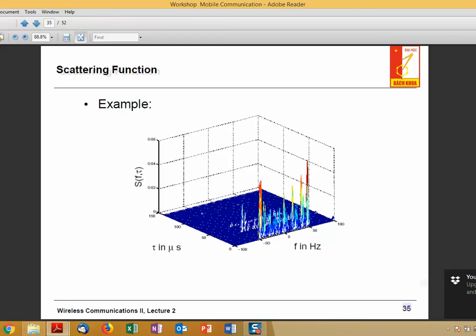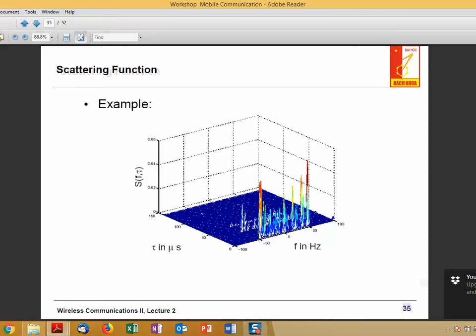So when the time delay is 0, it means that there is no distance. It means no time delay. We have a maximum receiver power. This one.